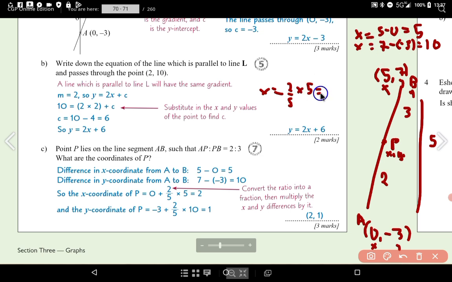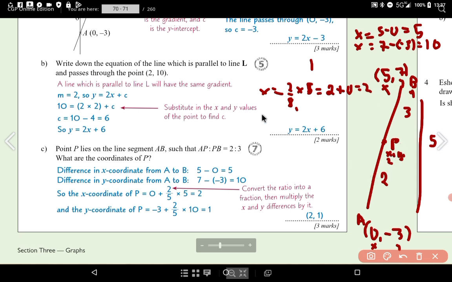This will give us 1, so 2. Now you add this 2 to the x-axis for x, which is 0, so you get 2. This means that the x-axis for p is 2.